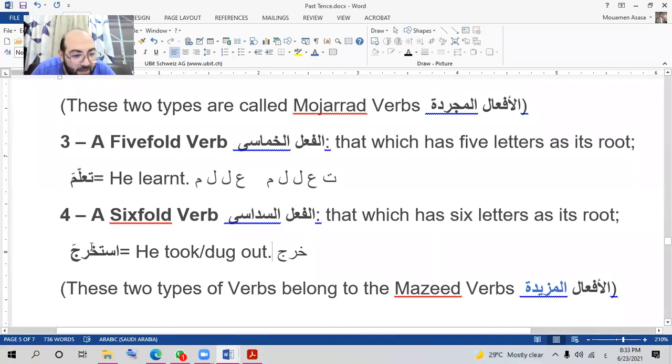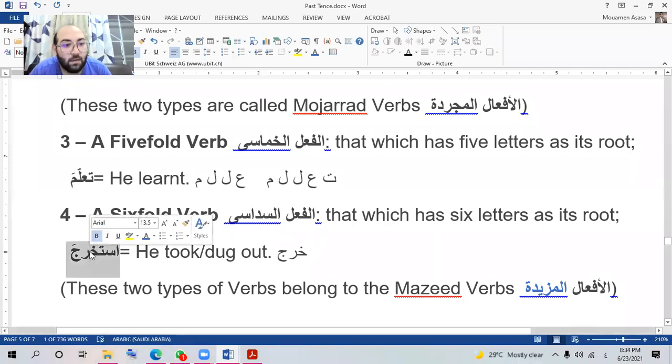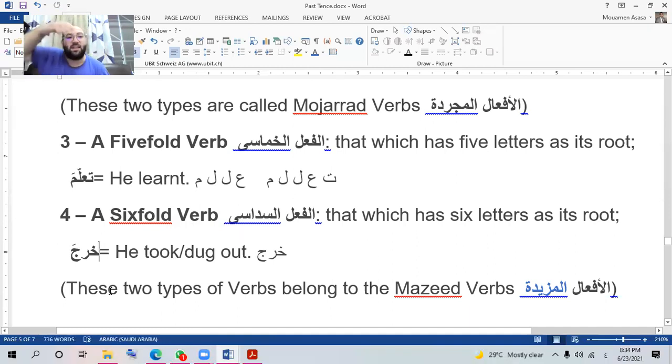When I add alif, sin and ta to it, it gives me another meaning. So these 3 letters, alif, sin and ta, are added to the verb. But for us, istakhraja itself is the root. Why? Because if I delete this alif, sin and ta, it will give me another verb with another meaning.